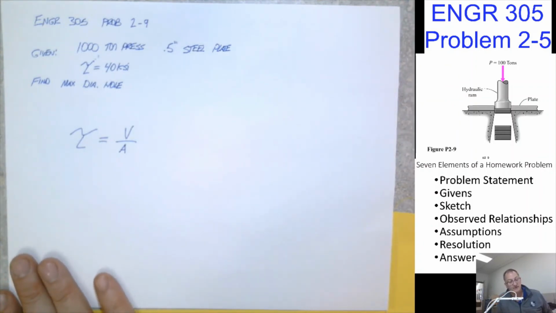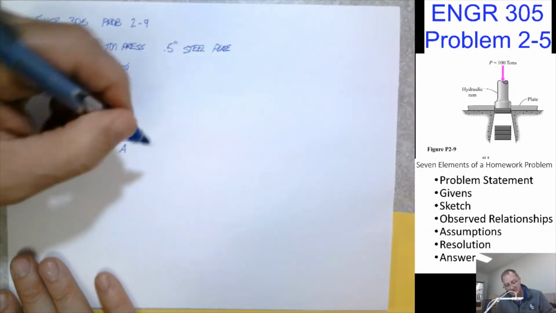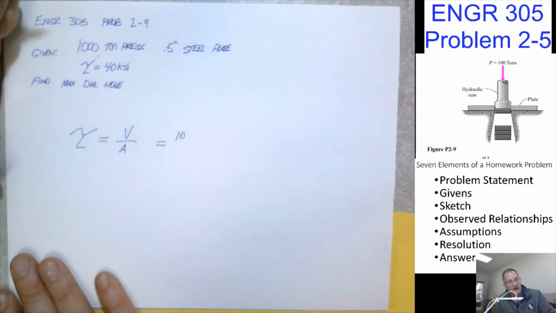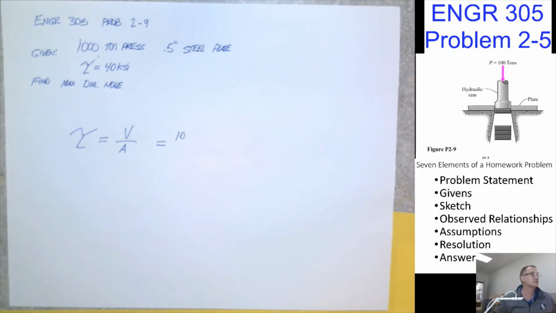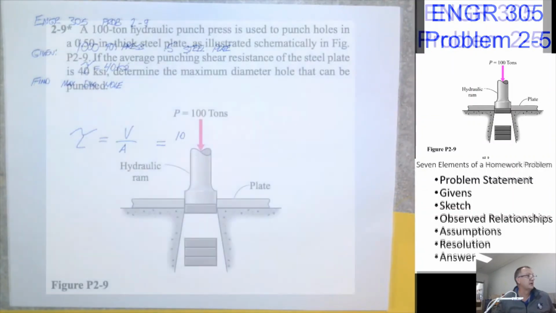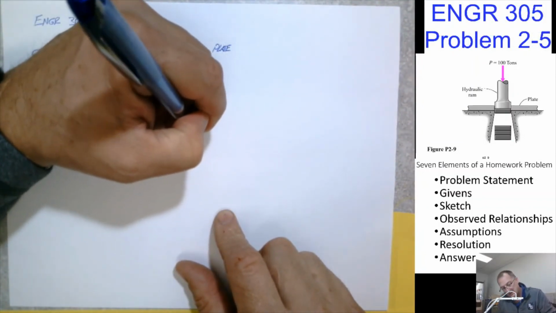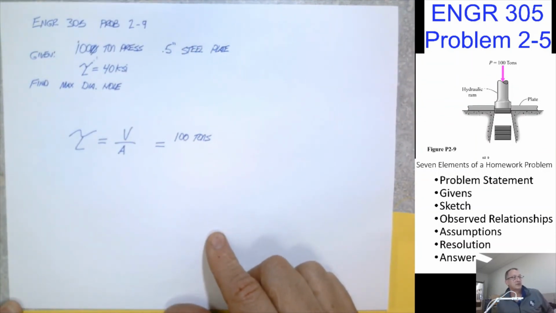Well, a 100-ton press tells us the force that is going to be pushed down. Sorry, I've got 1,000 tons, and I'm thinking it's 100 tons. I'm already making an error. It's a 100-ton press.